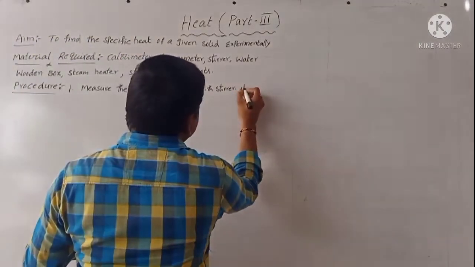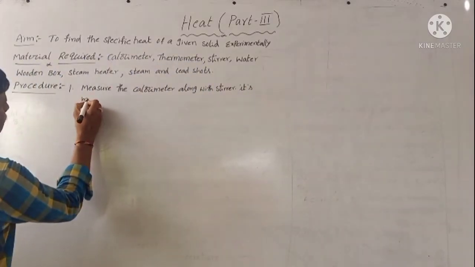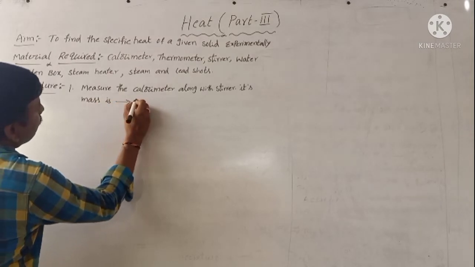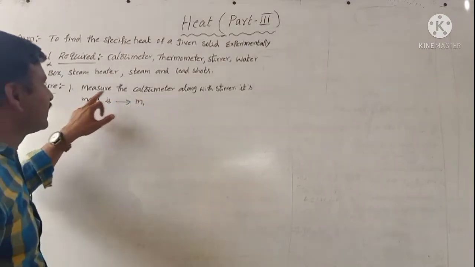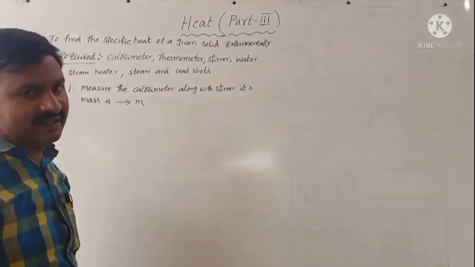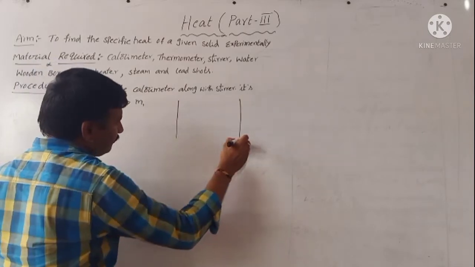Its mass is m1. Measure the calorimeter along with the stirrer; its mass is m1.